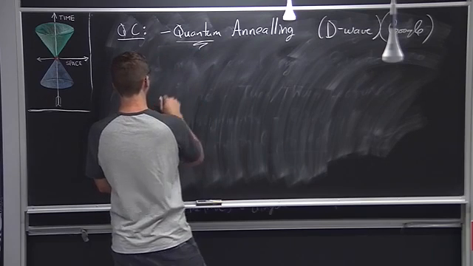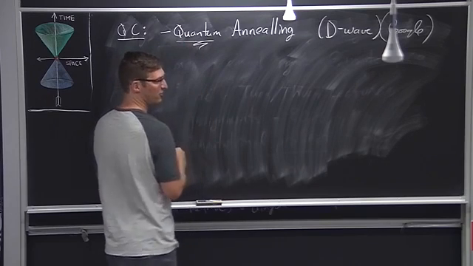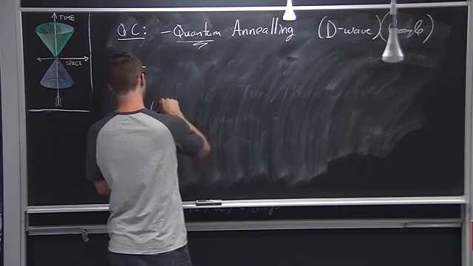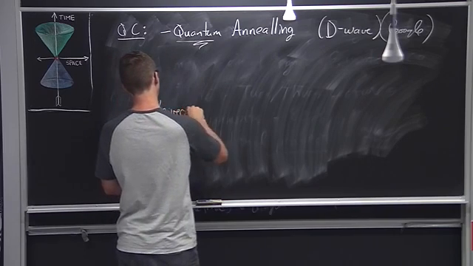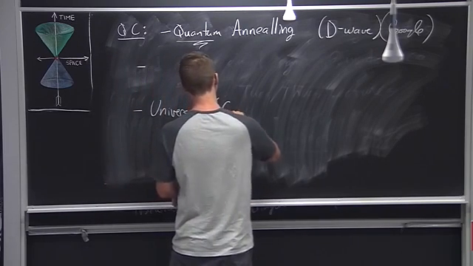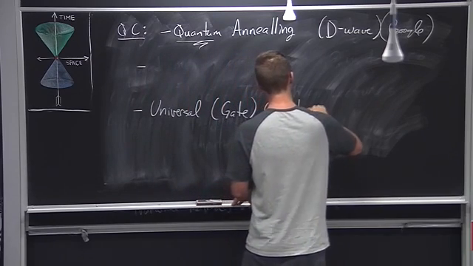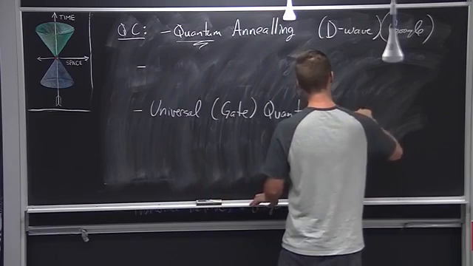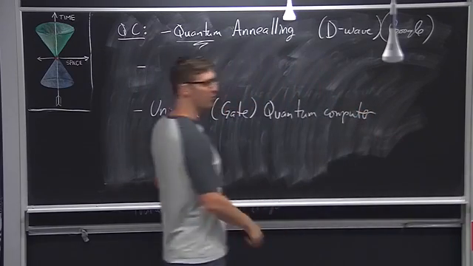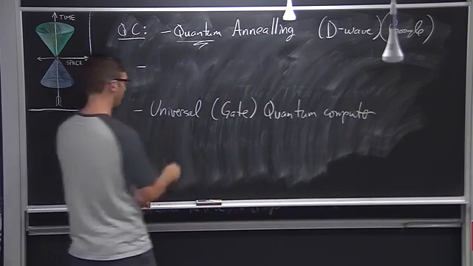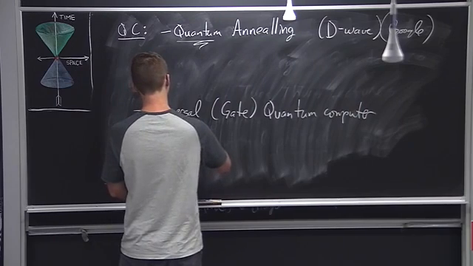There's something in between the simplest sort of quantum computer and the universal gate quantum computer, which is the most powerful, general quantum computer.